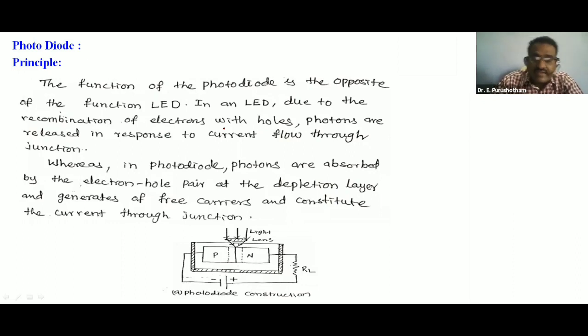These move across the junction and also move away from the junction, producing some current through the junction. That is the principle. The light falls on the junction, the electron hole pairs generate free carriers, producing some current. That is the working principle of the photodiode.